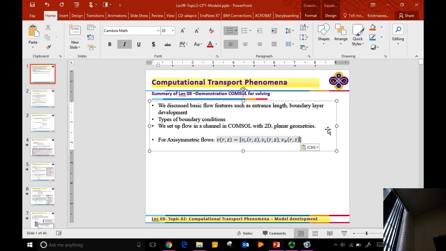This is my axis. This is my semicircle. And that is my line. So I build these two geometries, a semicircle and a rectangle, and I subtract this out. Remember, there are Boolean operations in COMSOL, right? So you subtract one from the other, and your flow domain is essentially this.